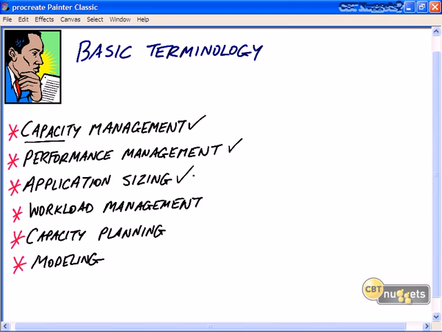Let's say a custom database or Microsoft Office Word, for example. It could also be understanding any major changes to an existing application, major upgrades, for example. Application sizing is going to help us make sure that the IT service will meet its agreed service level targets for capacity and performance.